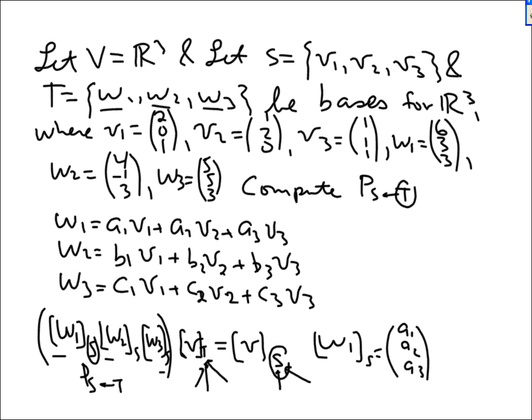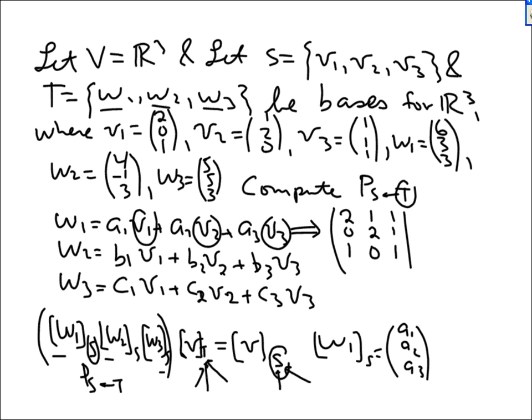Now, to do the first one, what you would do is take V1, V2, and V3 and write them as the columns. Here is V1, here is V2, and here is V3.